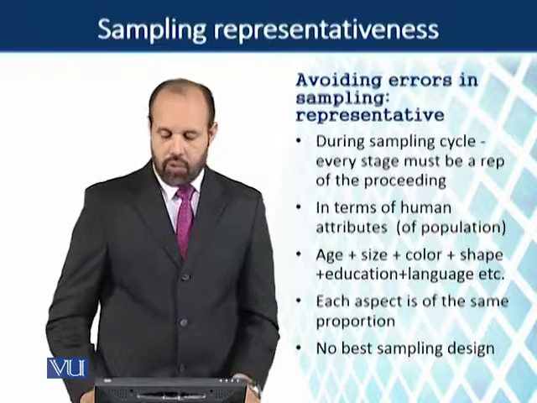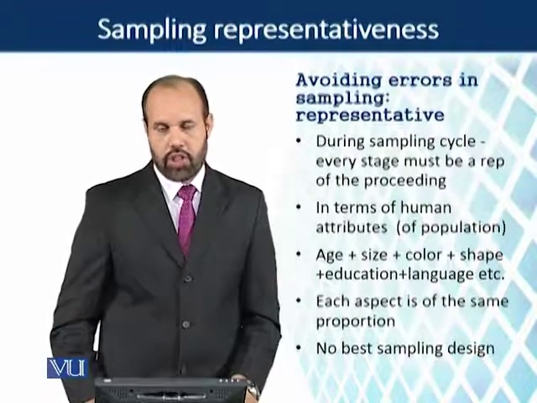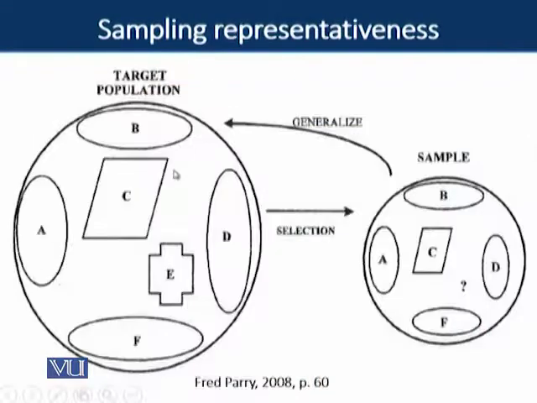Let me just give you one view here, of how you can make sure that your sample is the true representative of the population, right? So let's go to the screen.